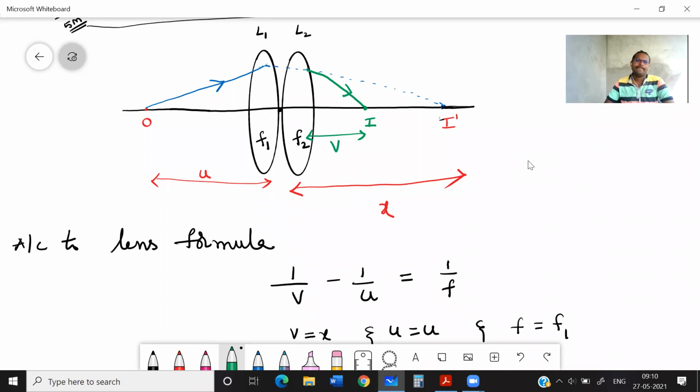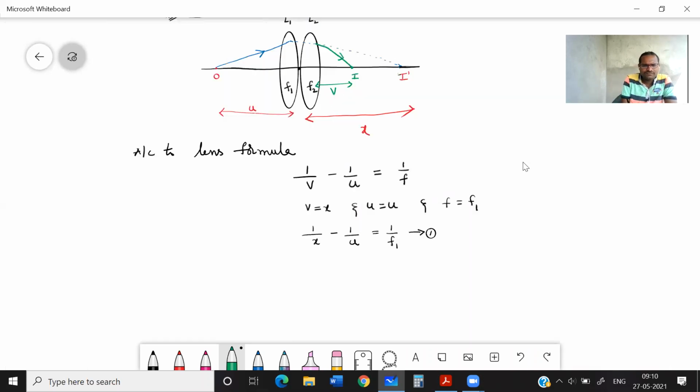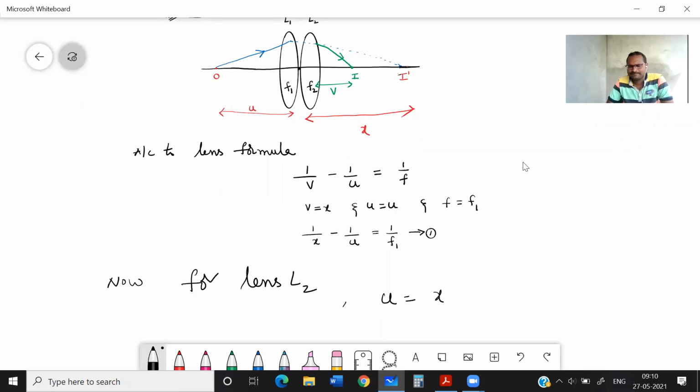Now again apply the lens formula. For lens L2, you have object distance u as x, since this I dash is the object for lens L2.